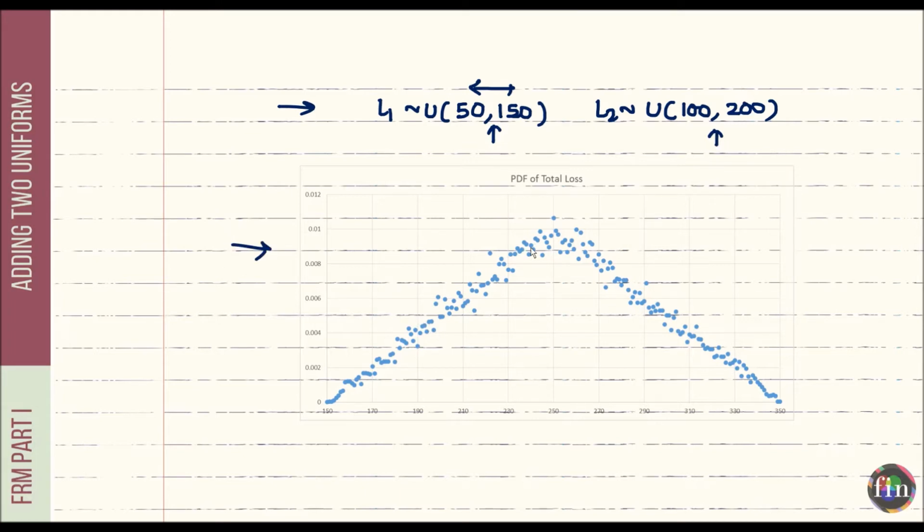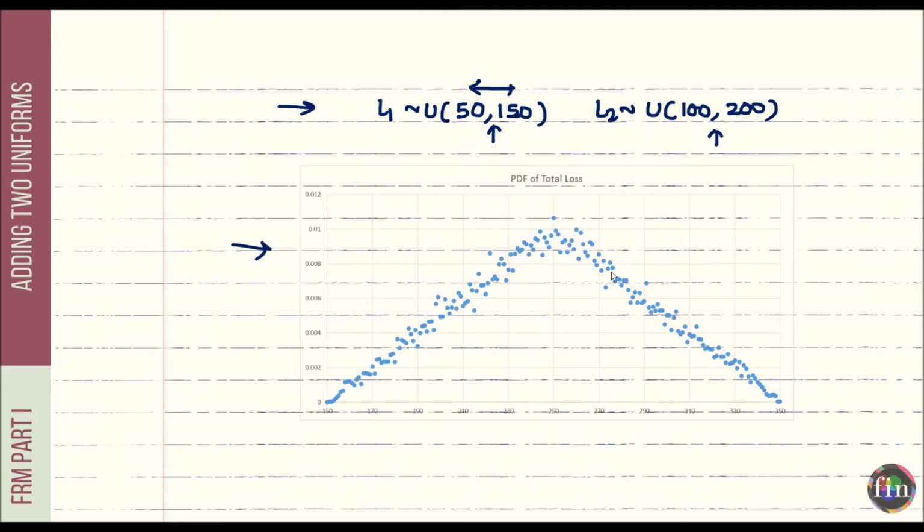Combine two uniforms with different means but the same standard deviation, and what you get is a triangular distribution. That's what Monte Carlo simulation is telling us. But is this true for every choice of these distributions? Let's work out another example, where this time we pick L1 and L2 in such a way that they have different means and different standard deviations.